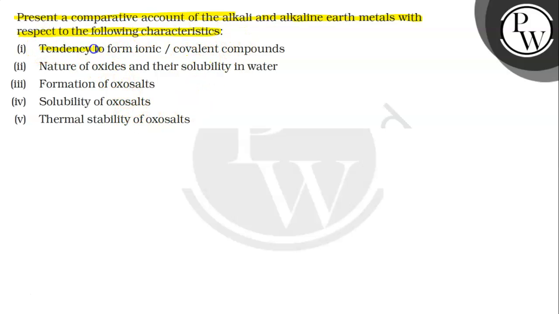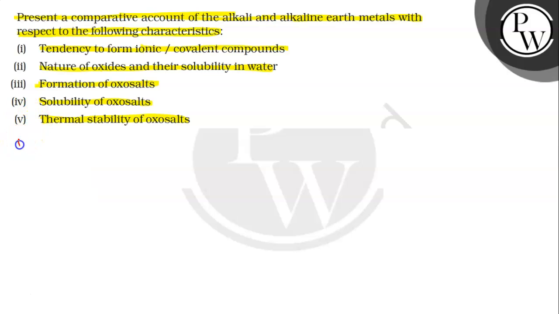First is the tendency to form ionic or covalent compounds, then the nature of oxides and their solubility in water, then formation of oxosalts, solubility of oxosalts, and thermal stability of oxosalts. So let's solve this question.